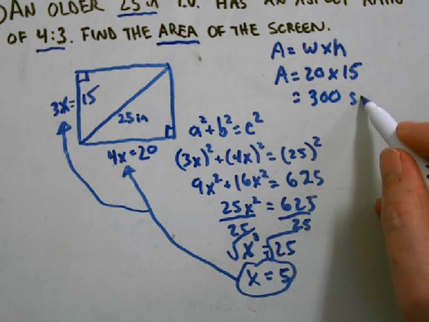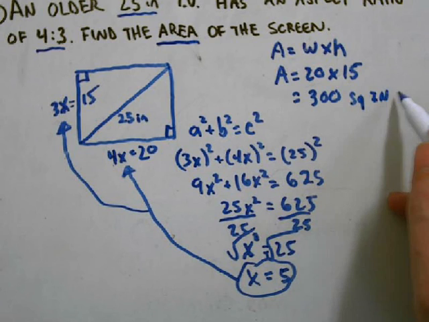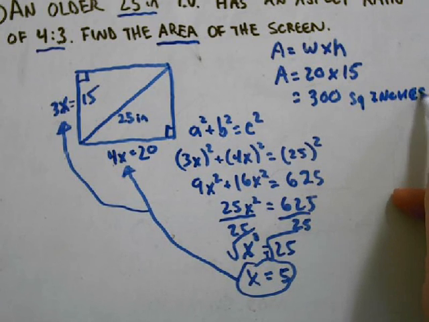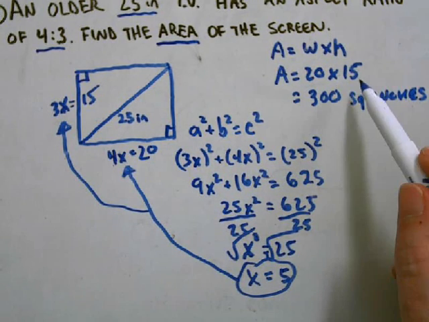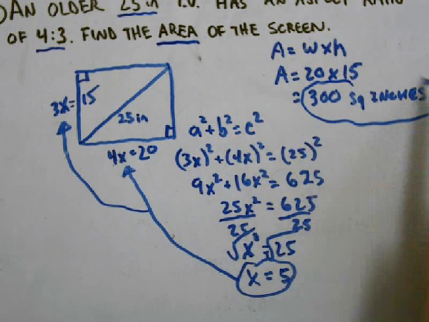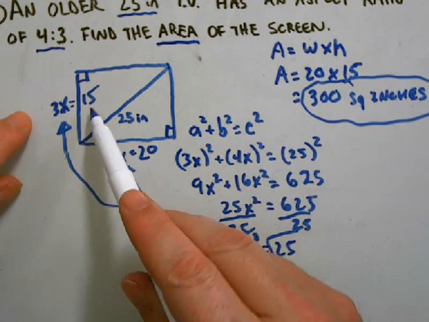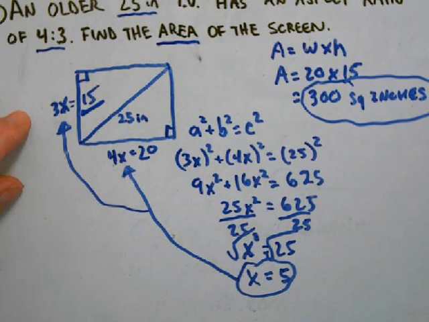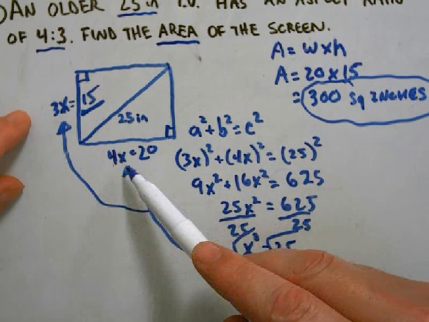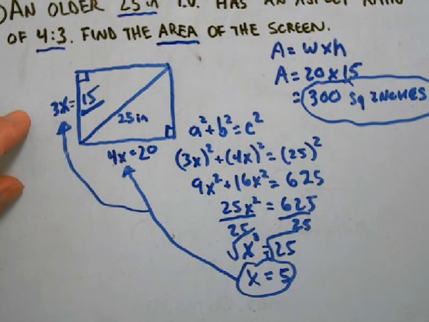Okay, and there you go. That would be the answer to the question. Of course, if they asked you for just the height, you could stop here at the 15 inches. And if they asked you for just the width, you could give them the 20 and be done there too. So that answers several different types of questions dealing with aspect ratio.